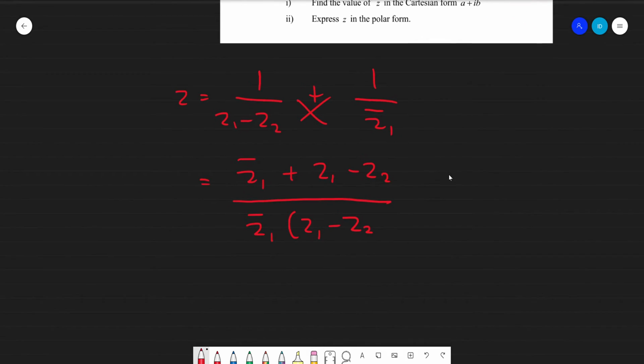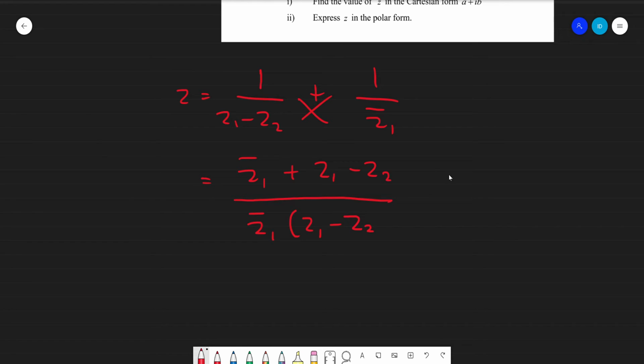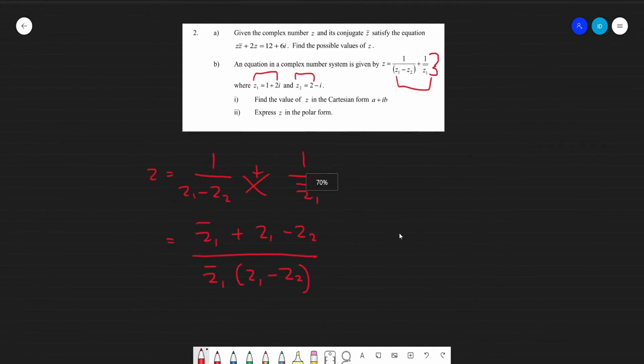The reason why I do this is because I don't want to make things more complicated, so I'd rather just simplify to become a singular fraction. So now we have already combined it, then we can just substitute the values into the new equation that we have simplified.